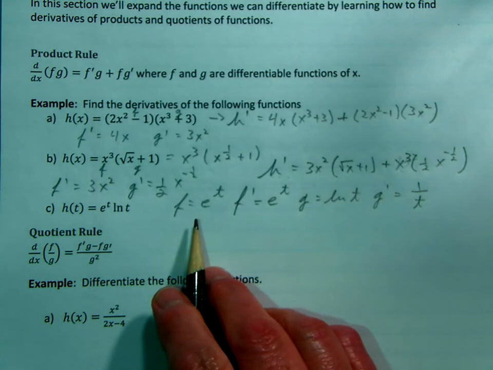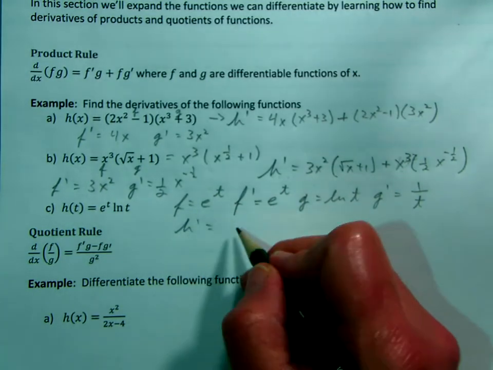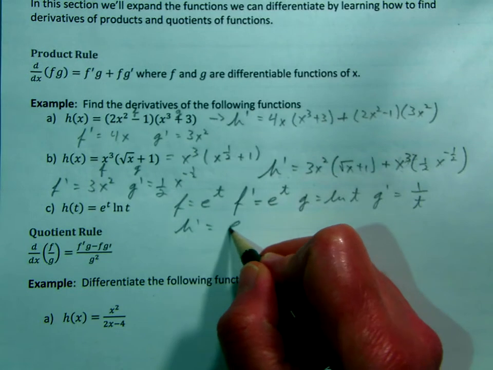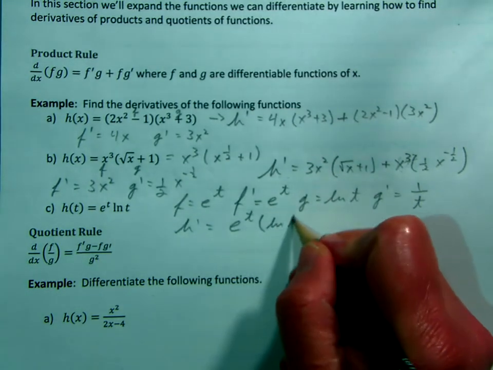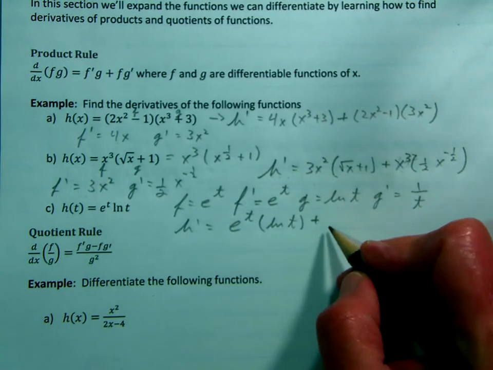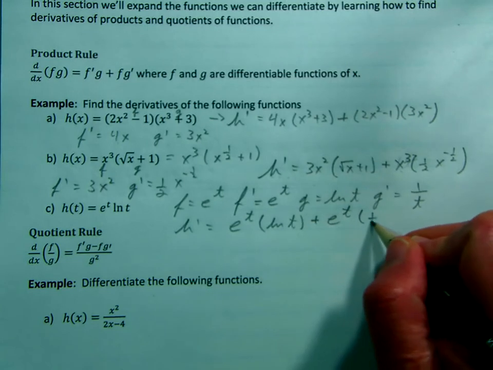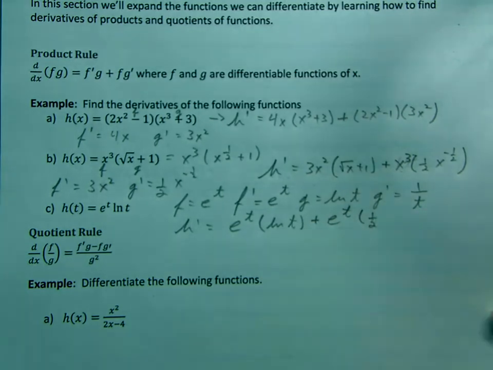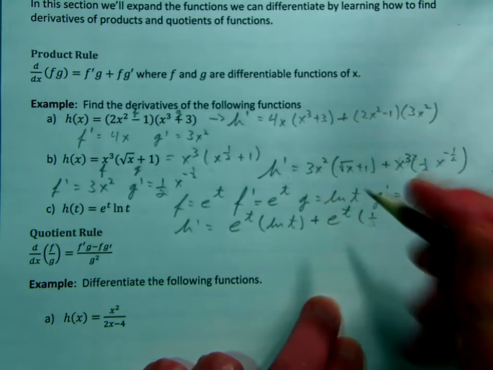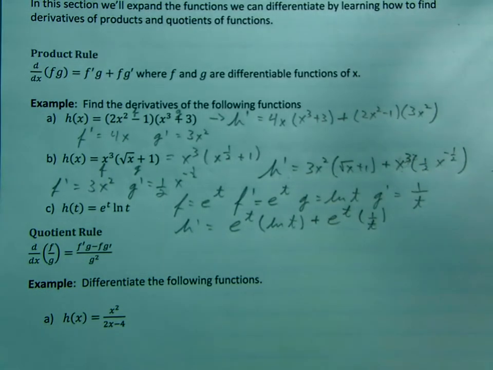So our h prime would be the derivative of the first times the second plus the first times the derivative of the second. And we are done.